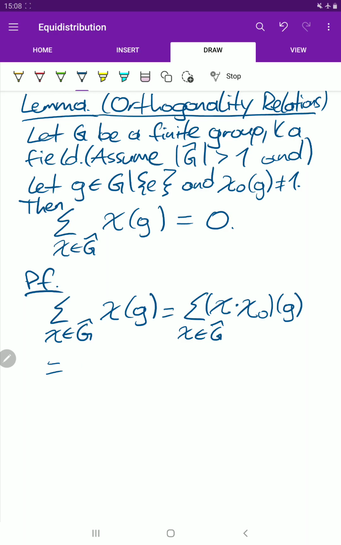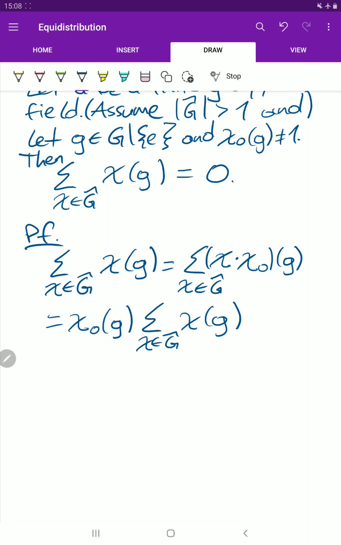But so this is now just by definition and by pulling it out from the sum, chi naught of g, sum over the characters chi of g. And similarly as before, we get 1 minus chi naught of g. This thing here again is not equal to 0.